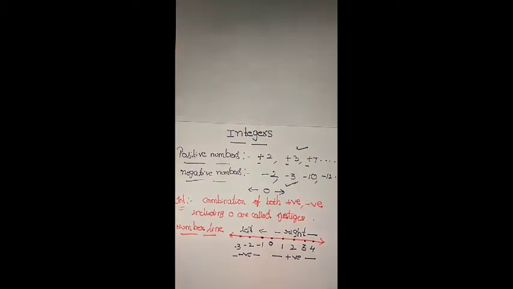So we can't represent all the numbers on the number line. We are using "so on". So 0 is included in the middle, and to the right side of 0 we have represented positive numbers. To the left side of 0 we have represented negative numbers, and we have shown an infinite symbol also, as the numbers are infinite.